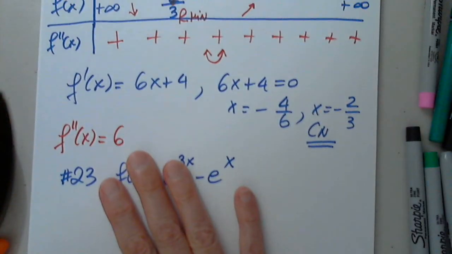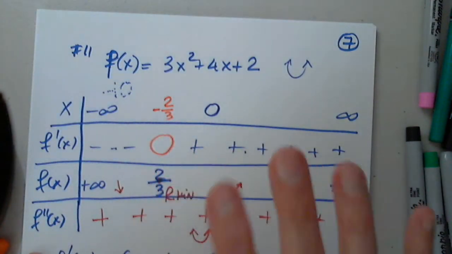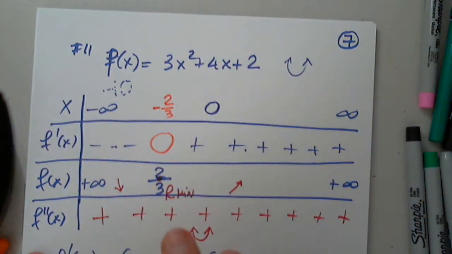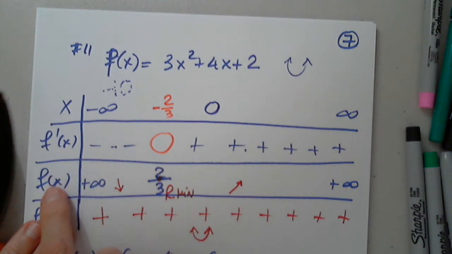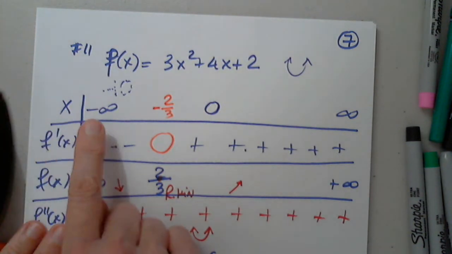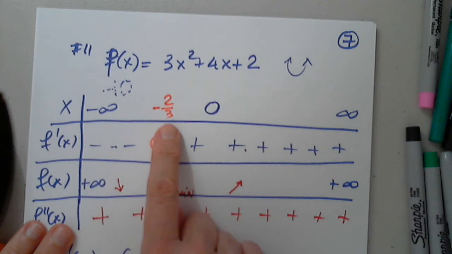Okay, so let's come back to the table and let me say a few things. How do I answer all those questions that we read together a second ago? Very simple. The function is decreasing for x between negative infinity and negative 2/3.